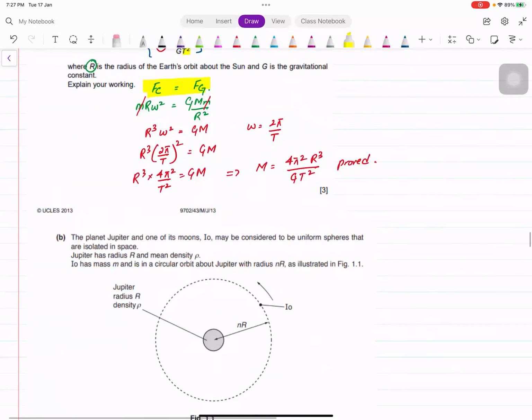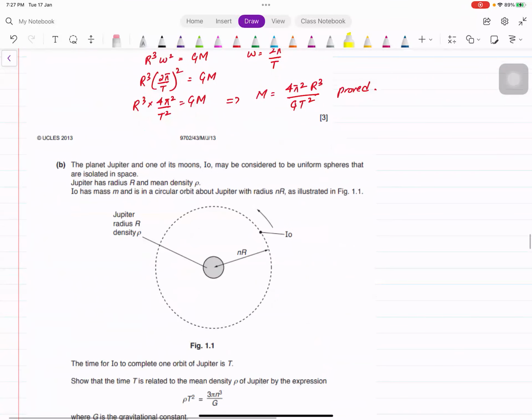And this question, which starts from here, says that the planet Jupiter and one of its moons, Io, may be considered to be uniform spheres that are isolated in space. Fine. So Jupiter has a radius R. It means that Jupiter itself has a radius R. And then it says that the mean density of Jupiter is rho.